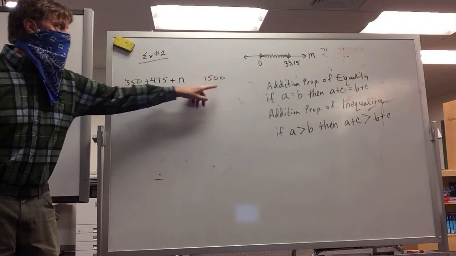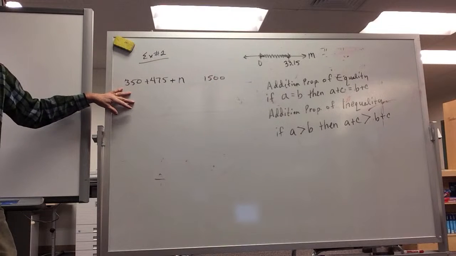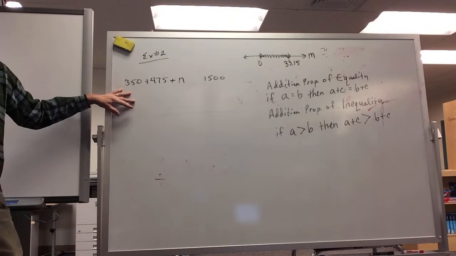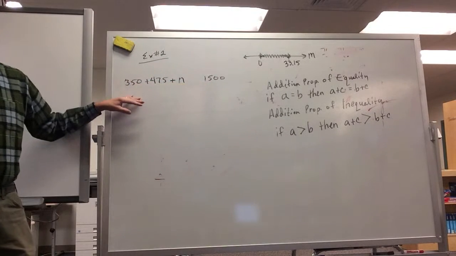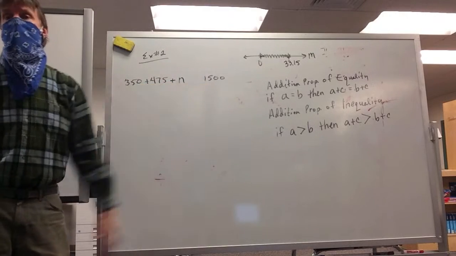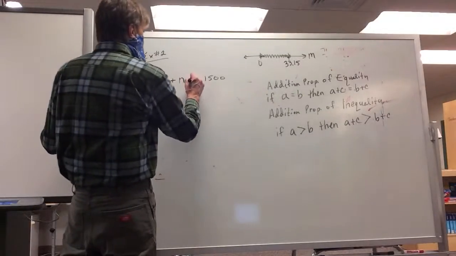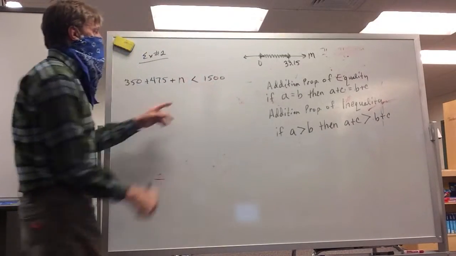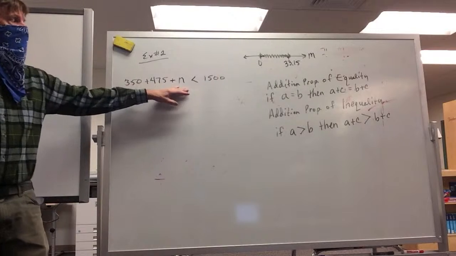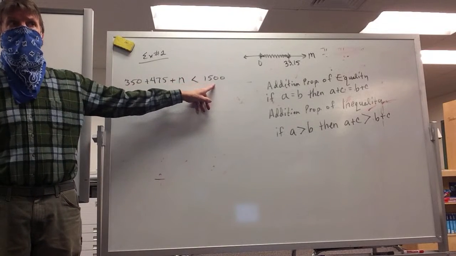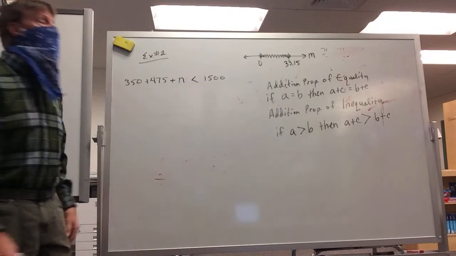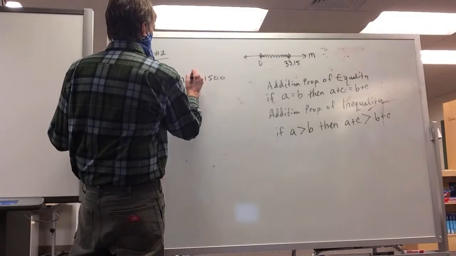So the inequality here has to compare this value to this set of numbers that are added. So which has to be bigger, this number or 1,500? 1,500. Okay, so if I did this, then I'm saying everything that gets added up is going to be less than 1,500. No, it has to be bigger than or equal to. So it's going to be greater than.